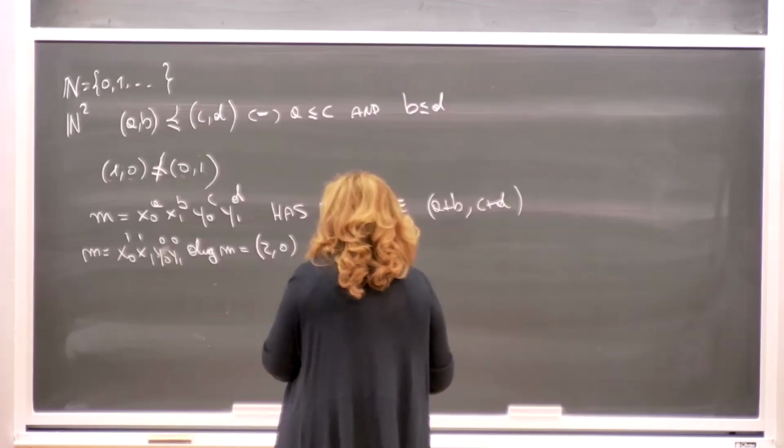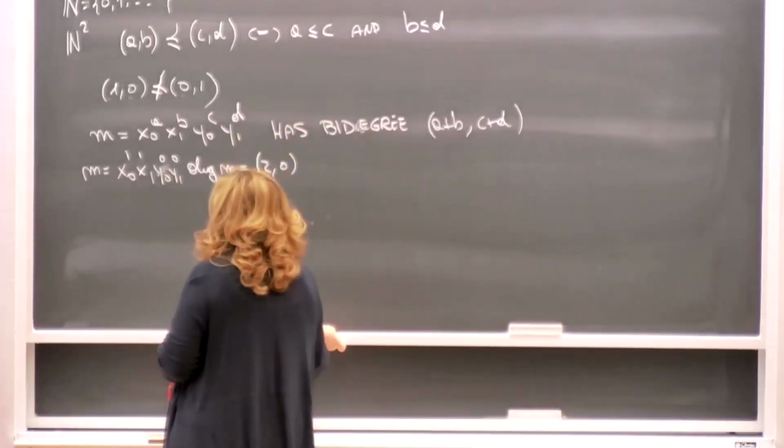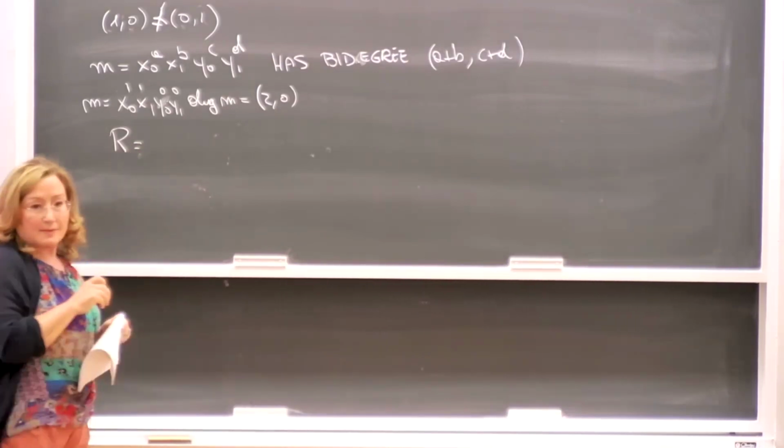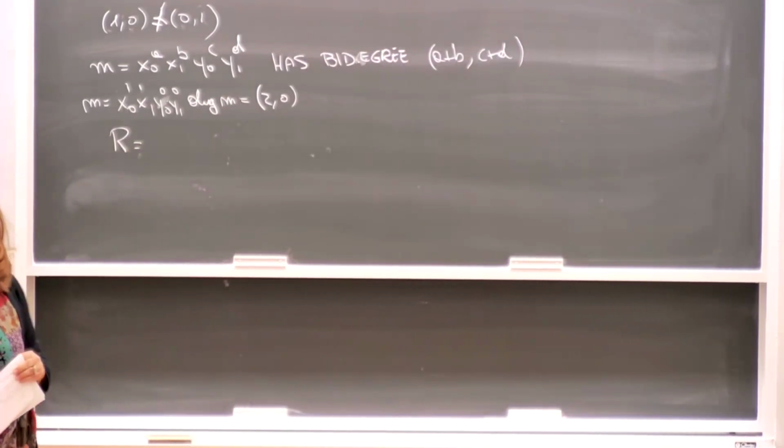In our ring R, we can look at it as a bigraded vector space.